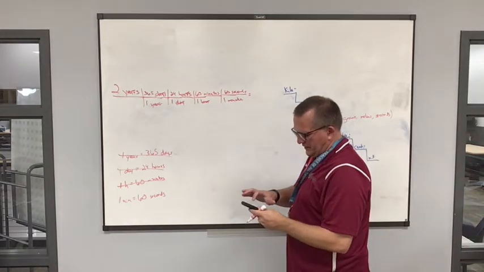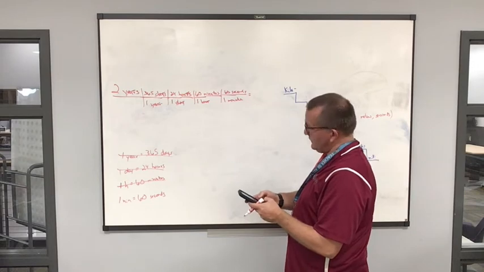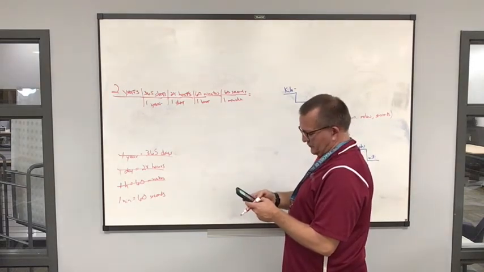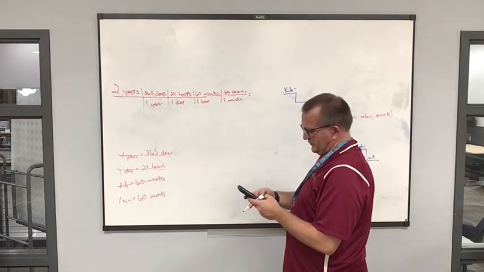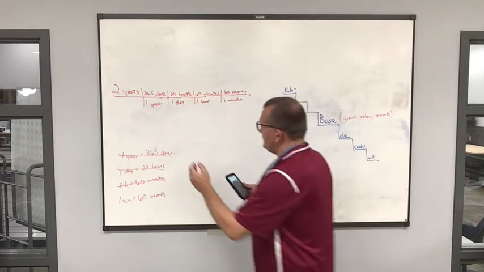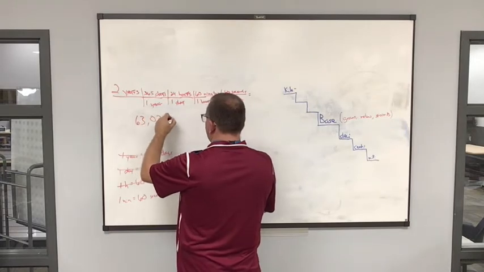And then I go through and solve. So I take 2 times 365, I hit equal, times 24, I hit equal, times 60, I hit equal, times 60, I hit equal, and I get this number.